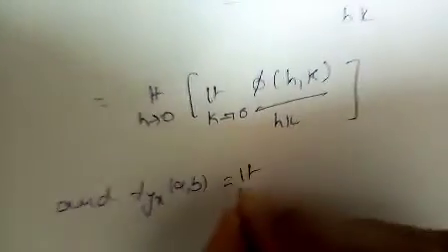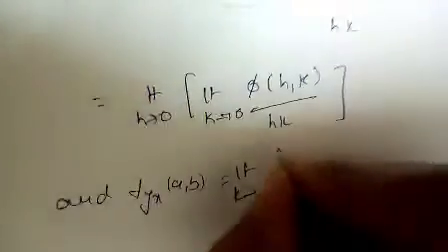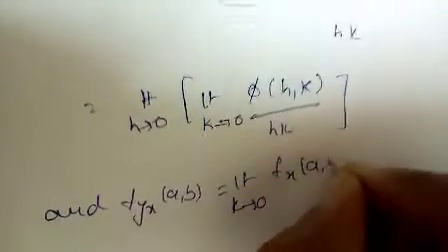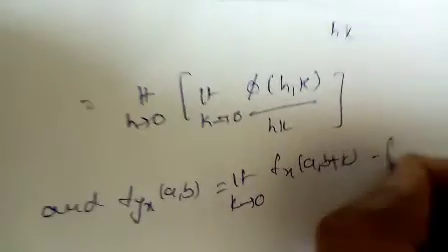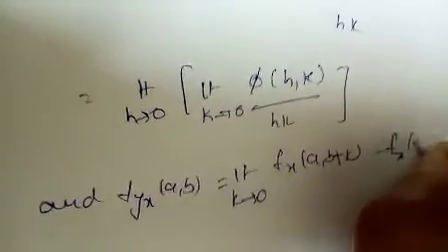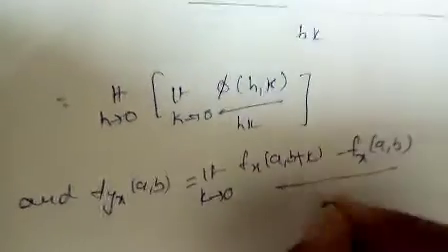So then fyx of a comma b equal to limit k tends to 0 fx of a comma b plus k minus fx of a comma b by k.